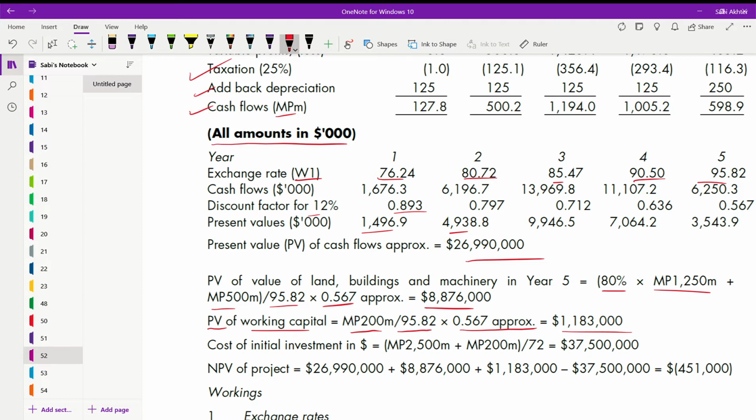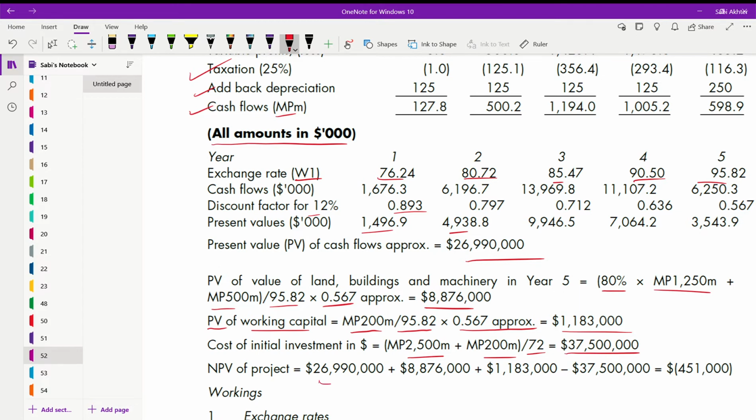So the cost of initial investment will be this: 2,500,000, your land and buildings, machinery, and your working capital divided by the current exchange rate, and then this.